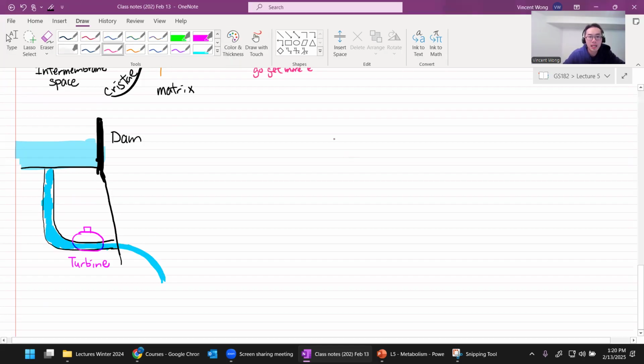At the same time, it turns the turbine, and the turbine generates electricity, right? Energy, essentially. So in this analogy, all the water up here is like the H+ in the intermembrane space. They want to go back to the matrix, but they can't because the dam, which is the cristae, is in their way. So they are waiting for an alternative pathway to pass through.